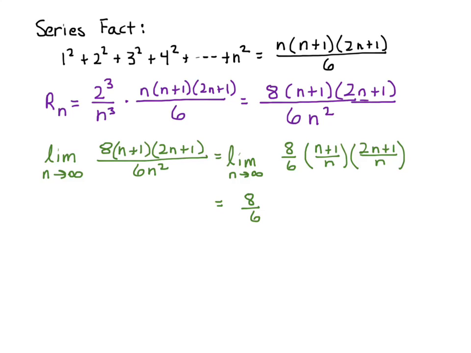And so I have the first coefficient, 8/6. The second term is going to be 1. The third term is going to be 2. And so what I get is 8/3, which is exactly what I said at the beginning, what that area is.